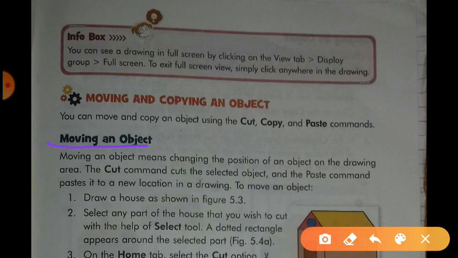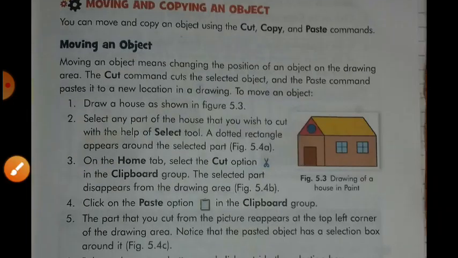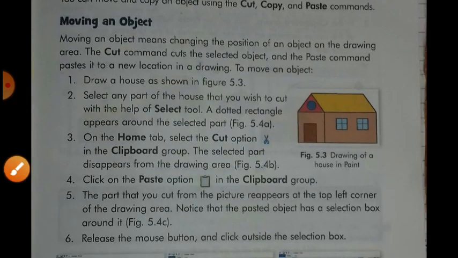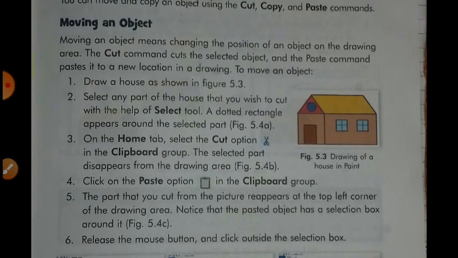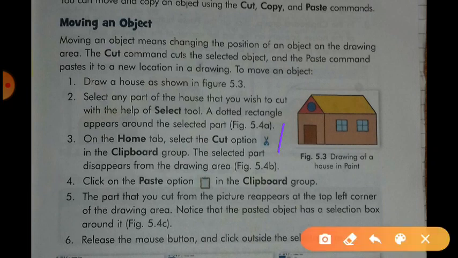First of all, you have to draw any object. Here you can see figure number 5.3. The publisher has made this object. This is the house.